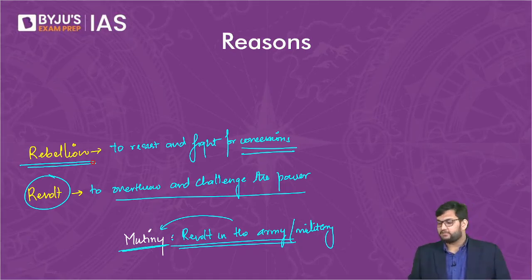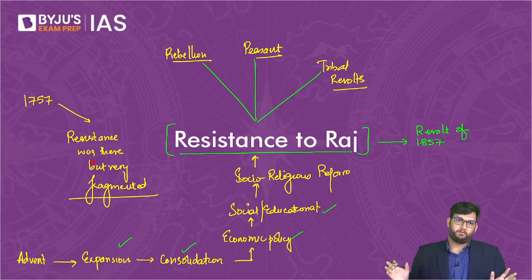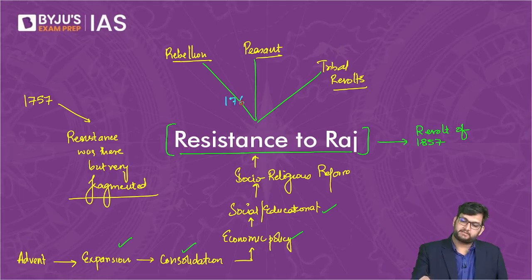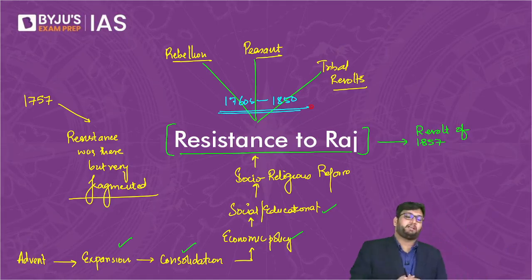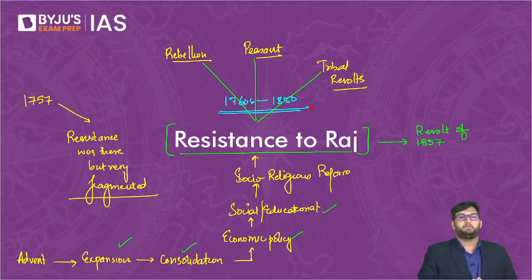But as I said, this resistance will take three different forms and will be there since the 1760s itself and will go on till 1850. So for 90 to 100 years, we saw a certain type of resistance which kept on manifesting itself in the form of different types of rebellions and revolts.